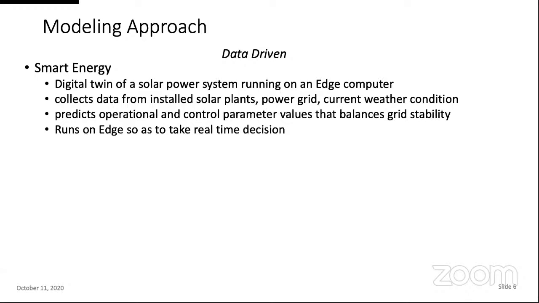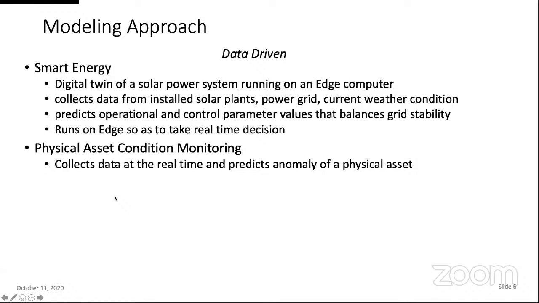It collects the data from actual solar plants, the power grid, as well as the current weather condition, and based on that it can predict various operational and control parameters which can balance the power grid stability at the same time. Based on that, it can activate or deactivate the solar plant, and that can run on an edge device to take a real-time decision.